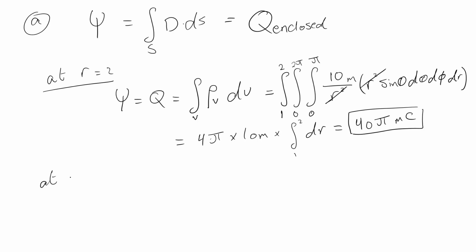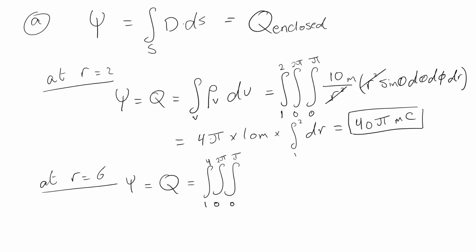Now at r equal to 6, we will use the same formula, flux equal to the charge, which is equal to the triple integration. Now here we need at r equal 6, but our rho is only for r from 1 to 4, so our integration will be from 1 to 4 for r, from 0 to 2 pi for phi, and from 0 to pi again for theta.